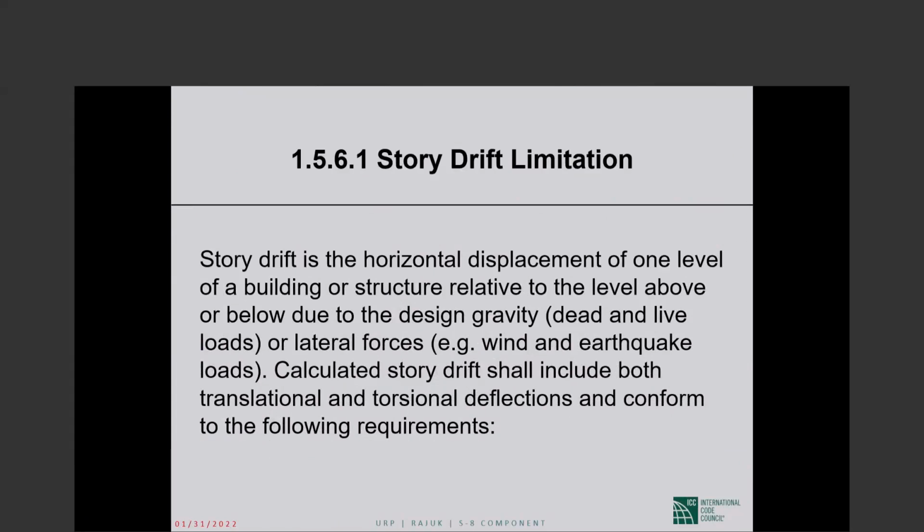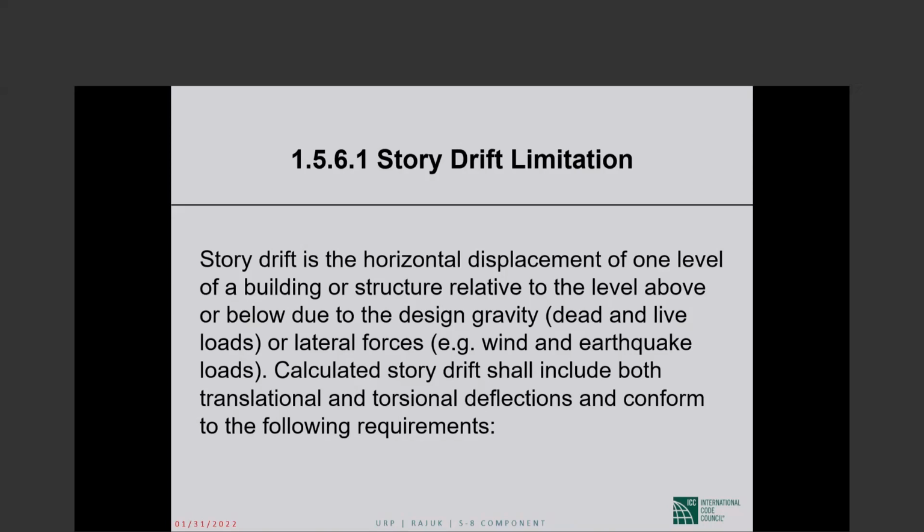This is something you have to understand. Story drift is the horizontal displacement of one level of a building relative to the level above or below. Okay, so it is basically the deflection at the top of the story minus the deflection at the bottom of the same story. That is story drift, and we sometimes just call it drift.